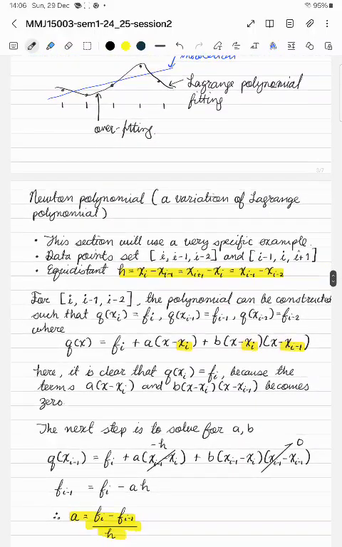Next up is the Newton polynomial, which is just a variation of the Lagrange polynomial. To keep things applicable, in something that you can apply directly, we are going to restrict our discussion to up to second order.